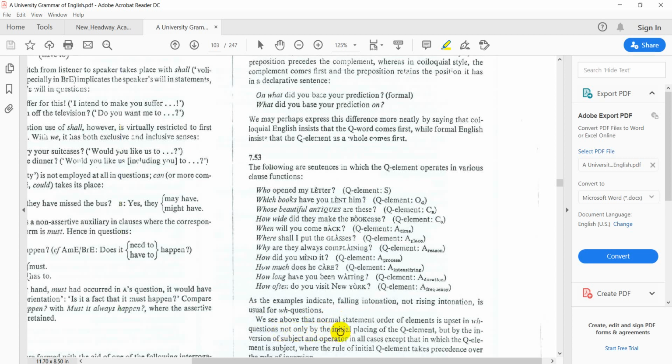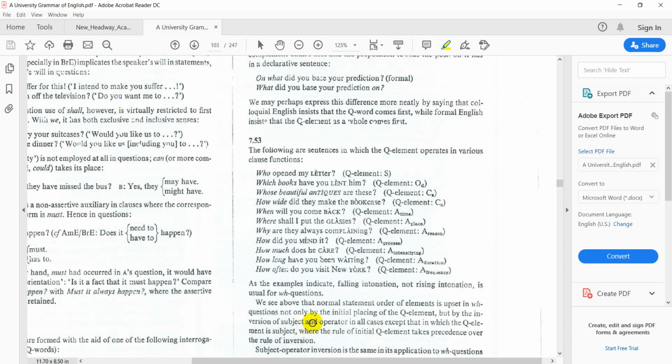We see above that the normal statement order of elements is absent in WH questions, not only by the initial placing of the Q element, but also by the inversion of subject and operator in all cases.